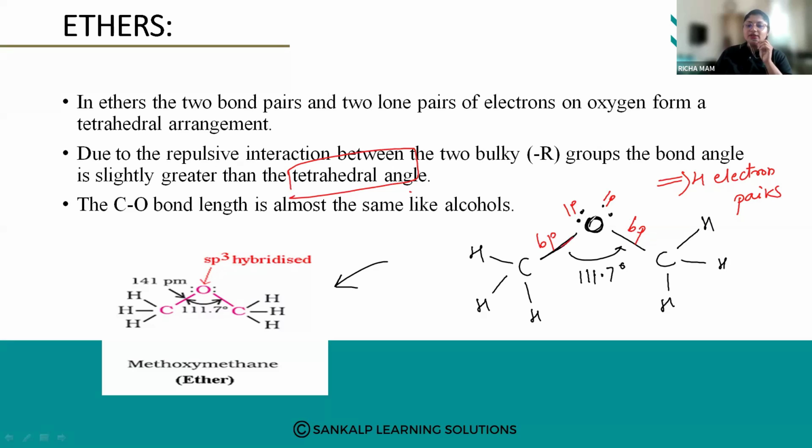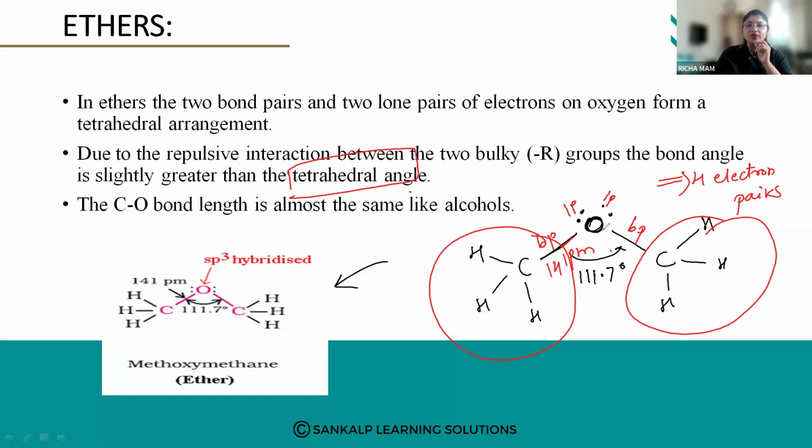Due to the repulsion between the 2 bulky R groups, the bond angle increases. Further, the C-O bond length is 141 picometer, and this is similar to that of alcohol.